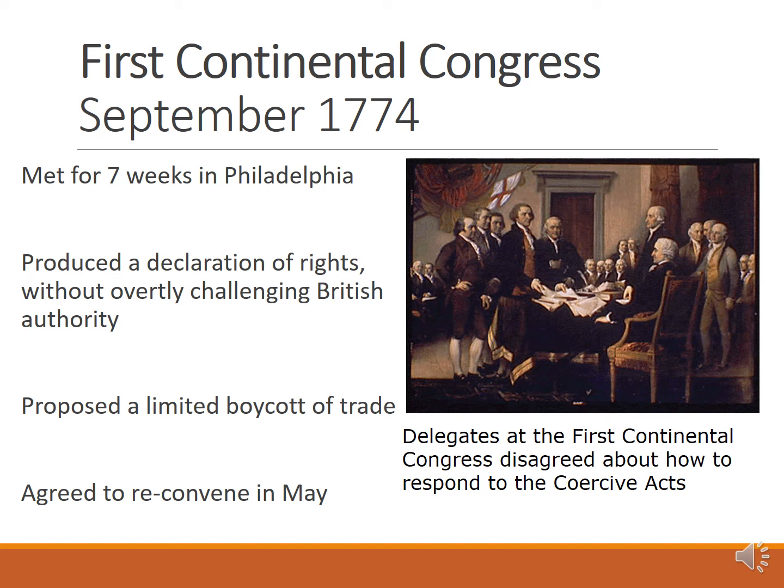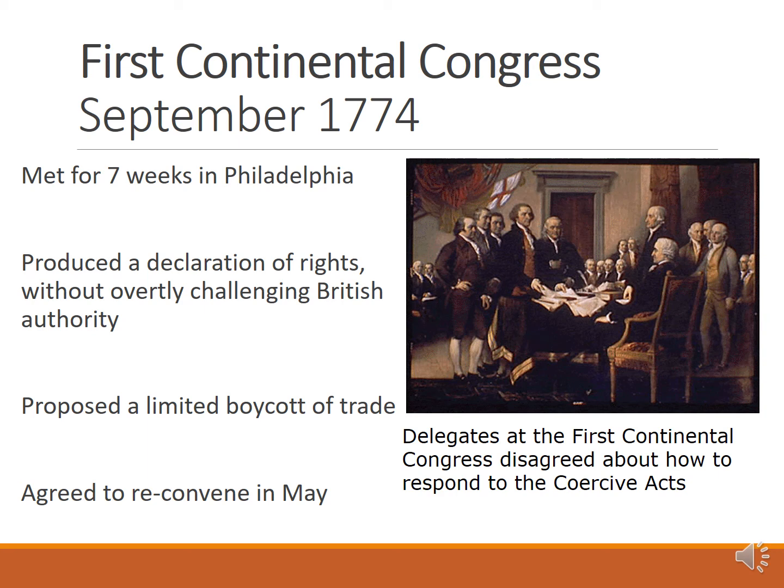Now, at the First Continental Congress, there was a lot of disagreement over how to approach the situation. Obviously, the delegation from Massachusetts really wanted to see a very stern reaction to the Intolerable Acts. But there were other delegates, like some people from Philadelphia, some people from New York, who were worried about their business partnerships and didn't really want to overtly challenge the authority of the British government.